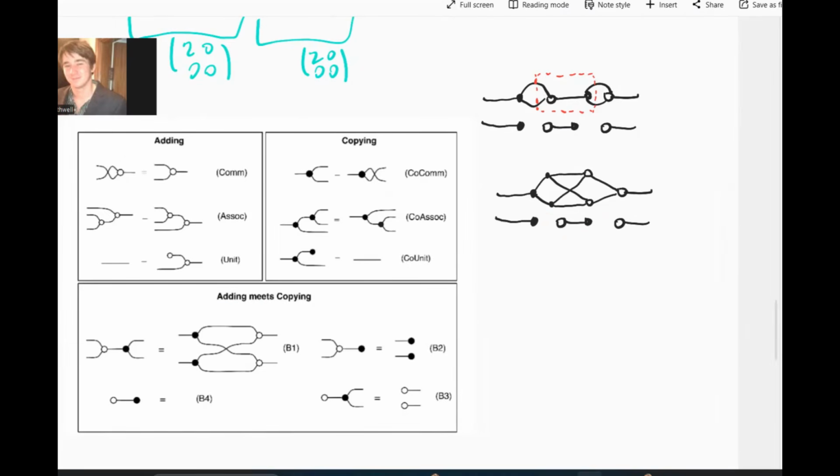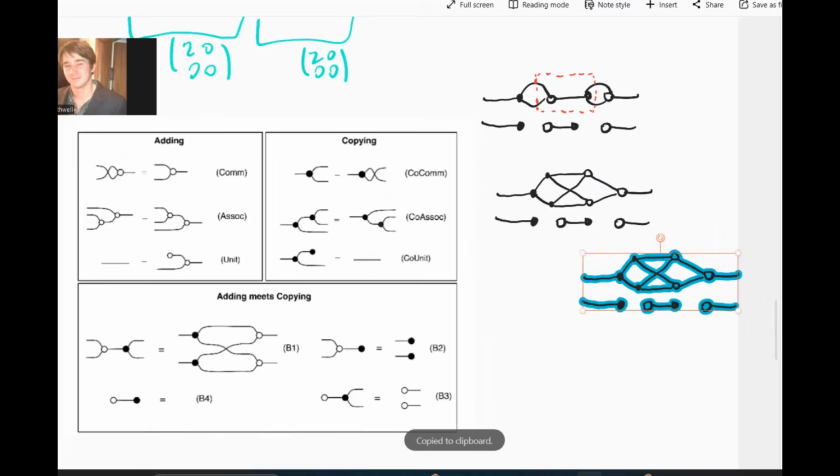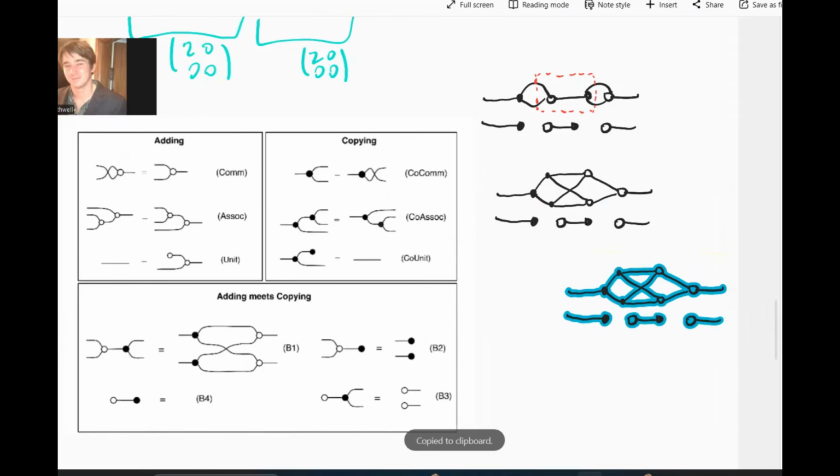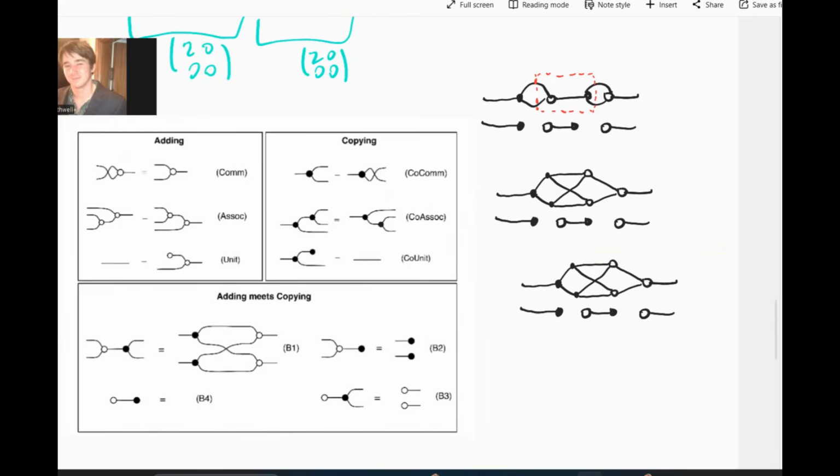And now we can continue. We can apply this rewrite here to this region here. And that lets us delete this.